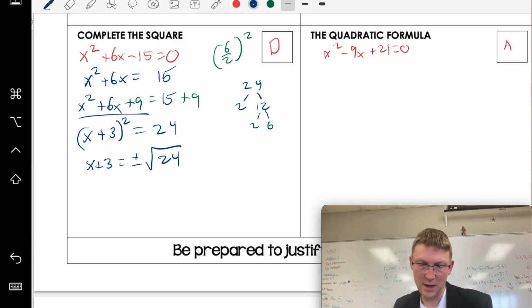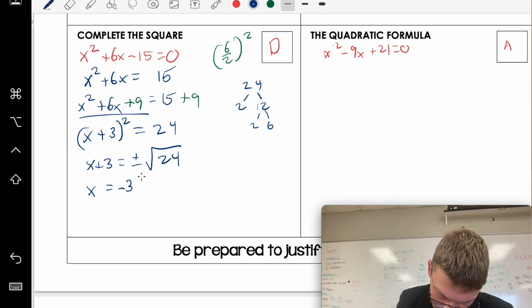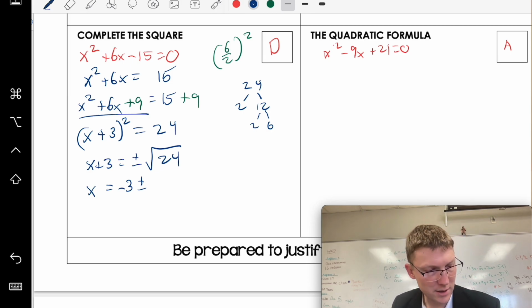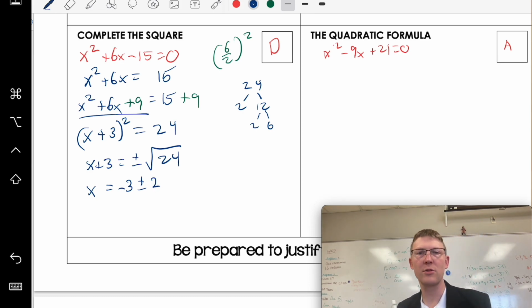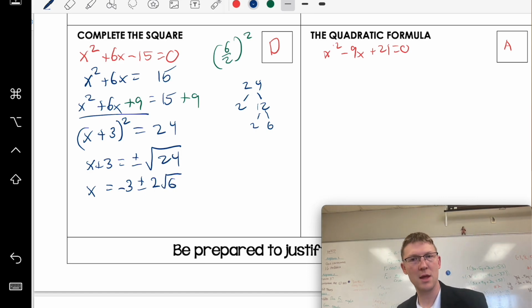So I can pull a 4 out of 24, and I'm going to move the 3 over. So we got x equals negative 3 plus or minus. When we pull a 4, 24 divided by 4 is 6. So when we pull the 4 out of the square root, when it comes out, square root of 4 is 2. And that's our answer.